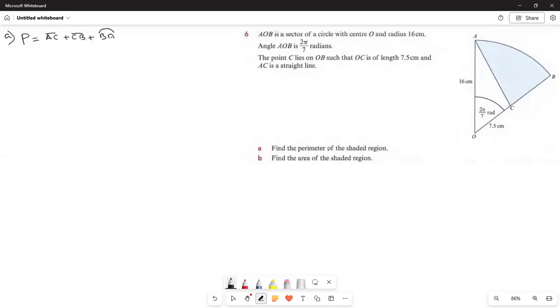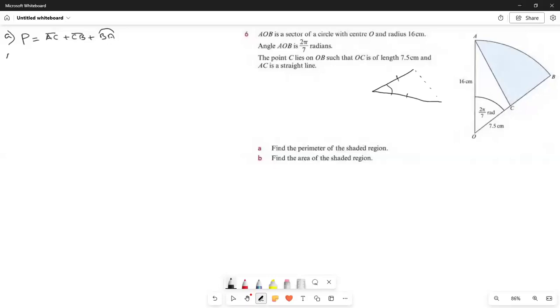Now, calculation of AC is easy. AC is part of a triangle AOC. And remember, whenever you have two sides and an angle between them, and you have to find the third side, you can use law of cosine. Okay. So we will use law of cosine to find the length AC. Okay.